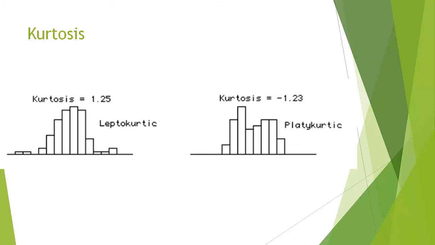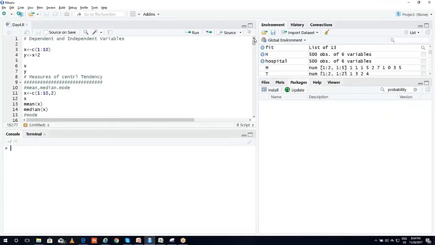Okay, before we get on to the next thing, let's quickly see some concepts. We'll try to do it in R. This is an example of dependent and independent variables. Here x is c(1:10), and y is x square.